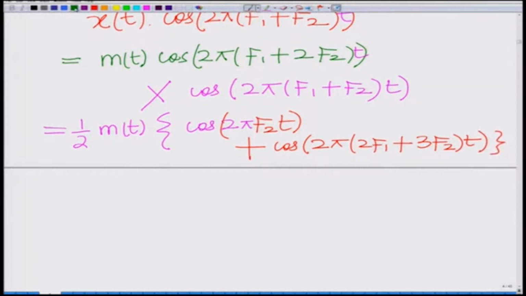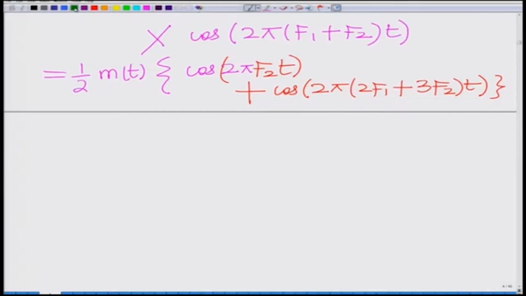Now, if we band pass filter this signal with a band pass filter at f2 of suitable bandwidth, we can extract the cosine 2 pi f2 t component.